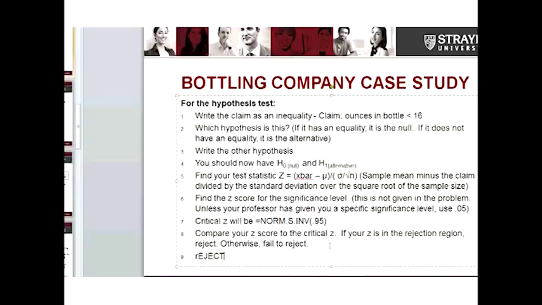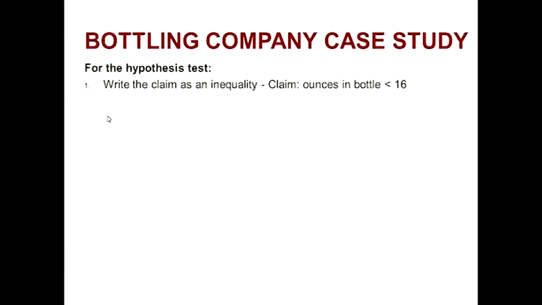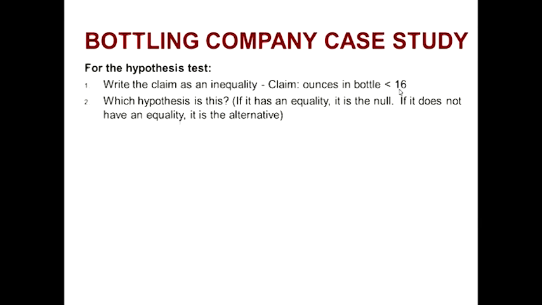The rejection region comes from the alternative hypothesis. Remember, in this case, the claim was the ounces was less than 16.